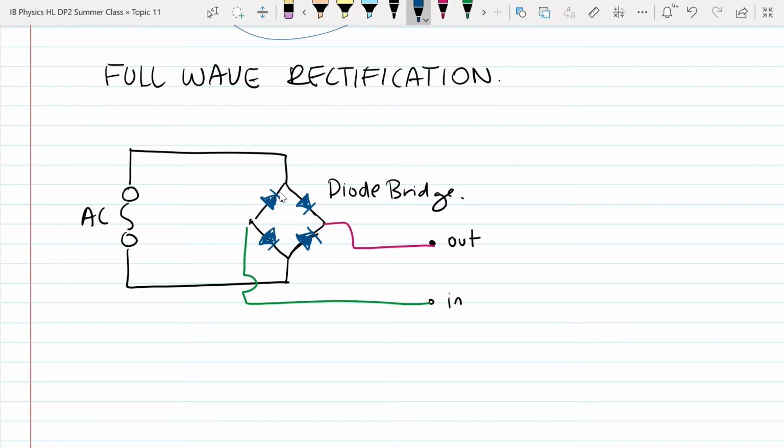Well, all of these are going to make the current go through this out. So if you draw the voltage and time, it's going to look like this. Right?